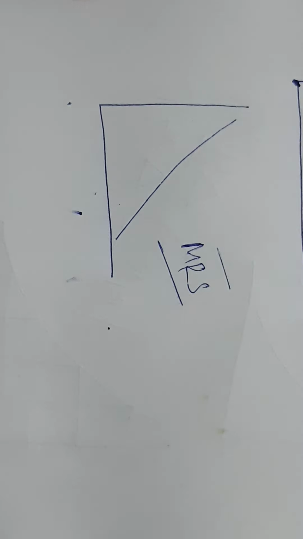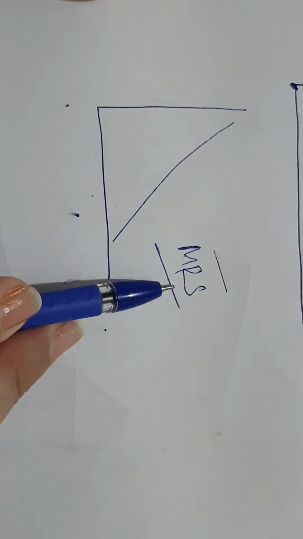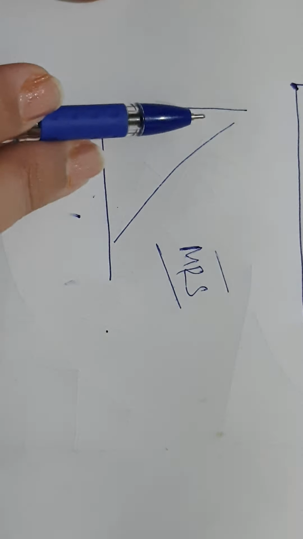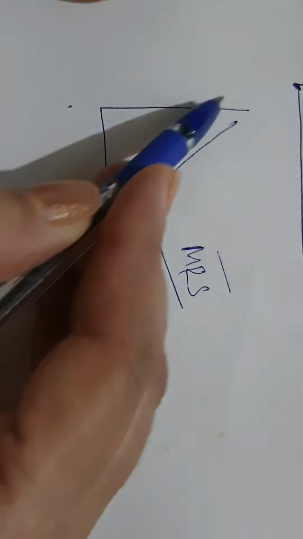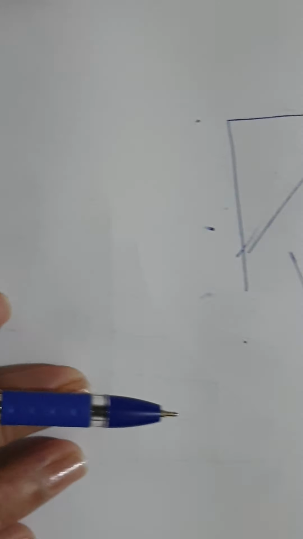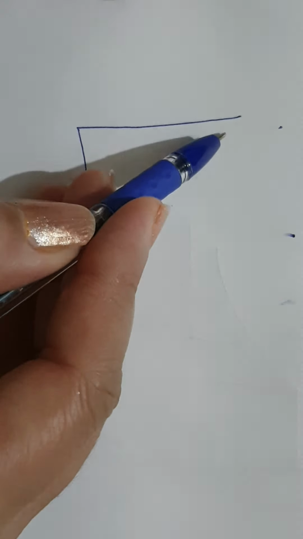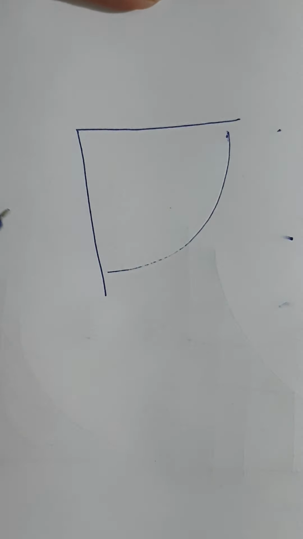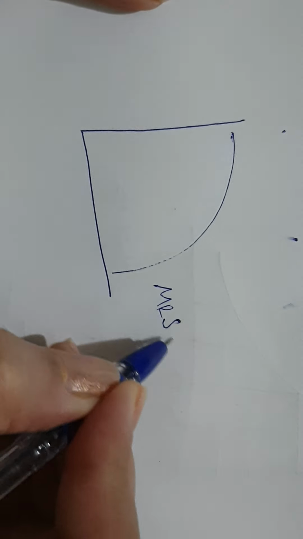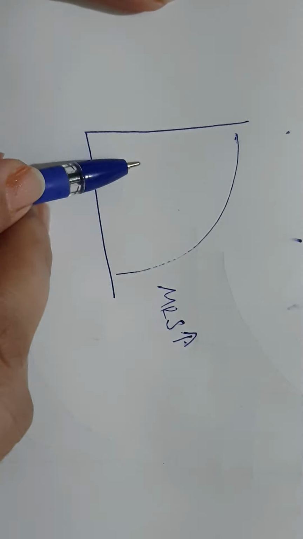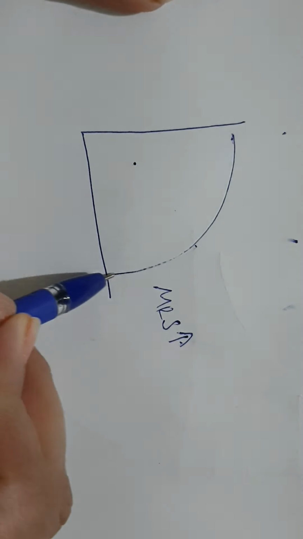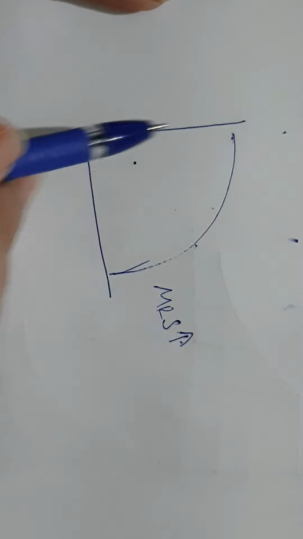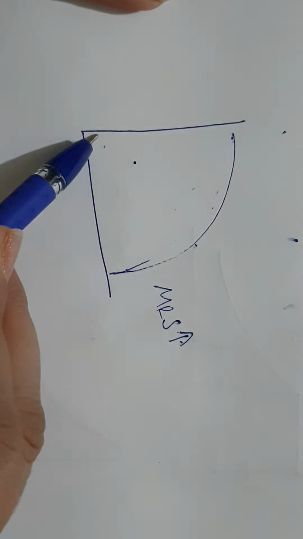If the indifference curve is like this, the marginal rate of substitution is constant and its slope is neither increasing nor decreasing. It is a straight line and the slope is constant. This is a rare case, usually we don't draw it like this. Suppose the indifference curve is like this, the marginal rate of substitution will be increasing in this situation and it is concave to origin. This shape is called concave to origin.